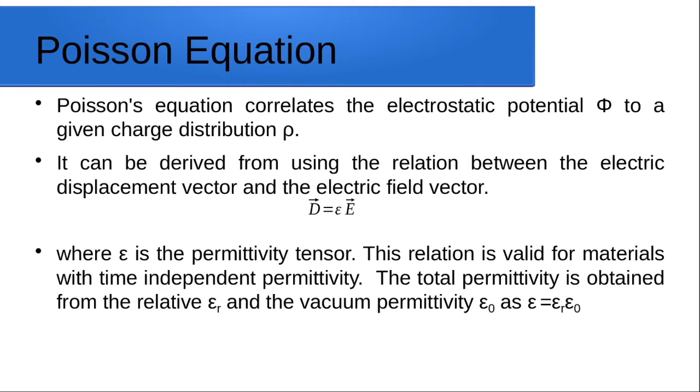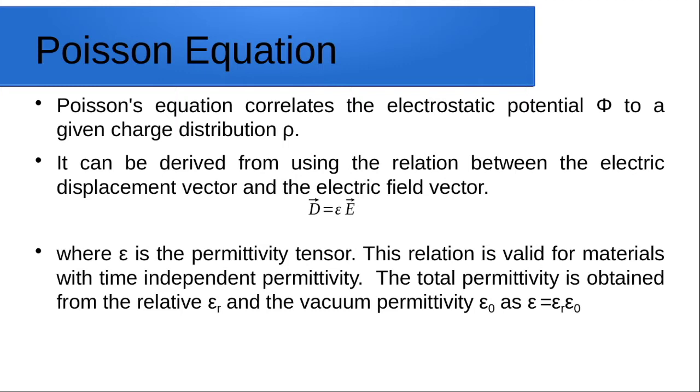It is related with the permittivity epsilon, or in other words, the electric displacement vector D is equal to the permittivity epsilon times the electric field vector E bar.